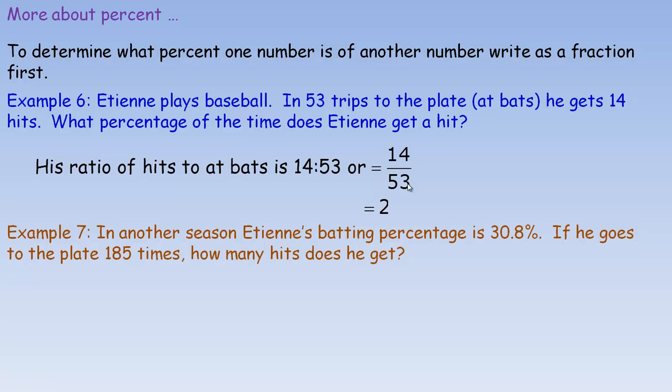So if you divide 14 by 53, and this is what it looks like on my graphing calculator, 14 divided by 53 is 0.26415, etc. And so I'm changing it to a percent, and I'll round it to one decimal place. So to convert that into a percent, you would move the decimal 2 places. So that's why it's 26.4%. And so that is the percentage of the time he got a hit.